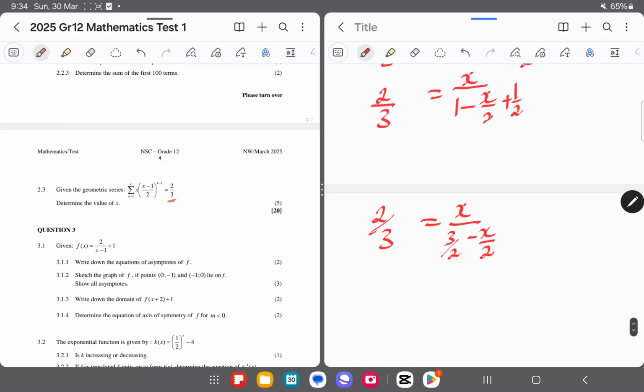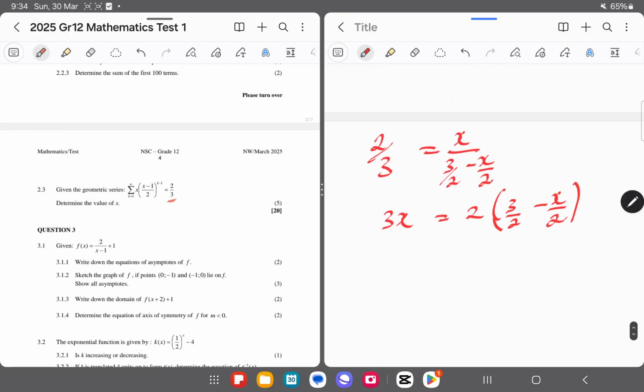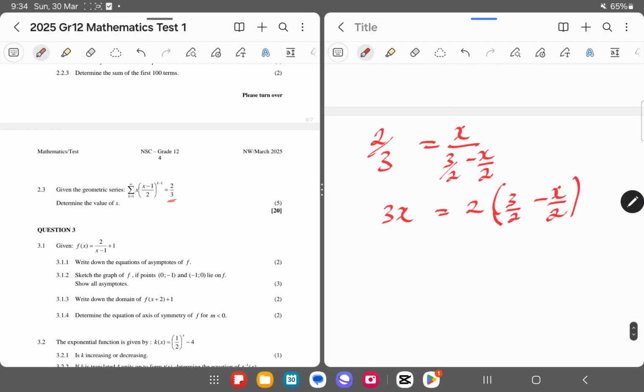And when we cross multiply, 3 will multiply x, and this is 3x. It's equal to 2 into (3 over 2 minus x over 2). So be careful not to make a mistake.